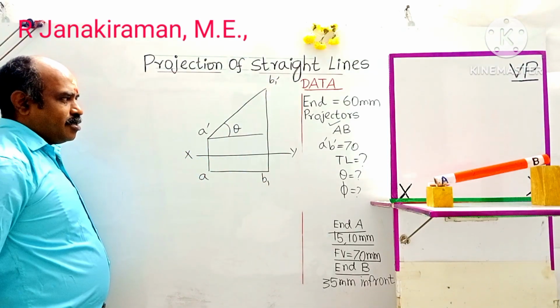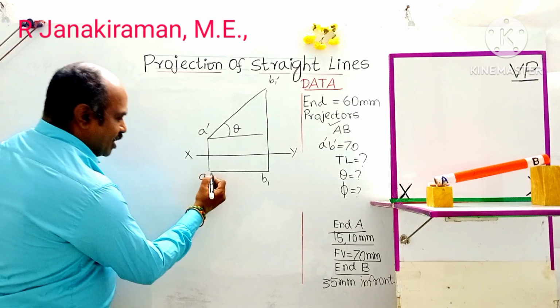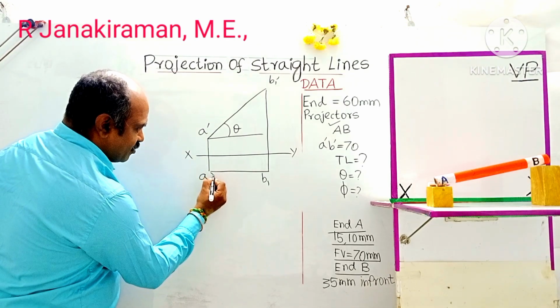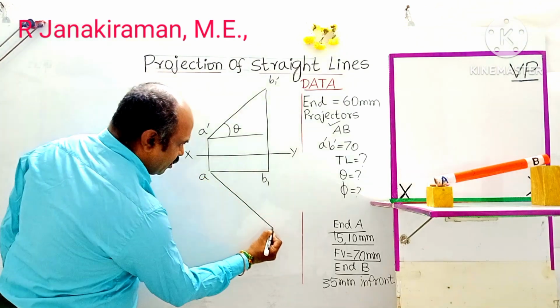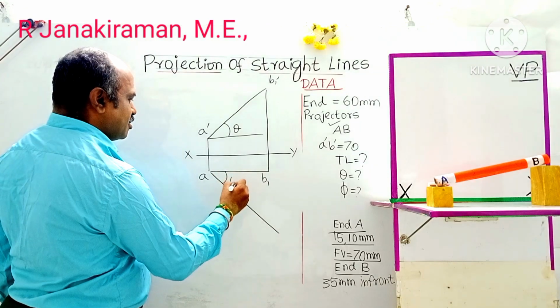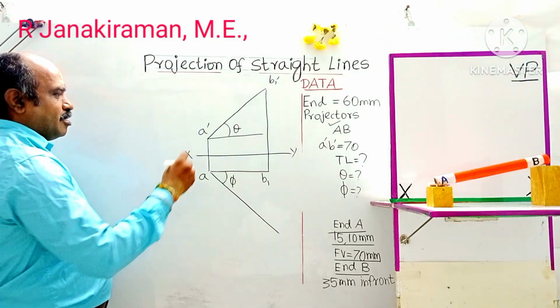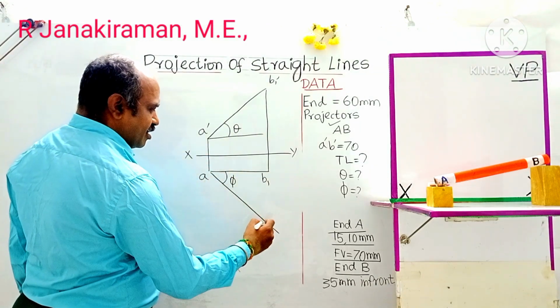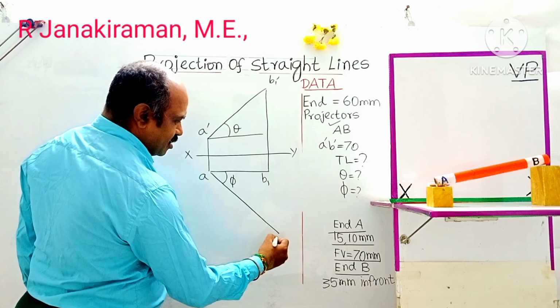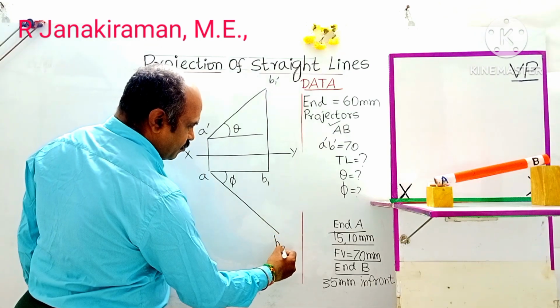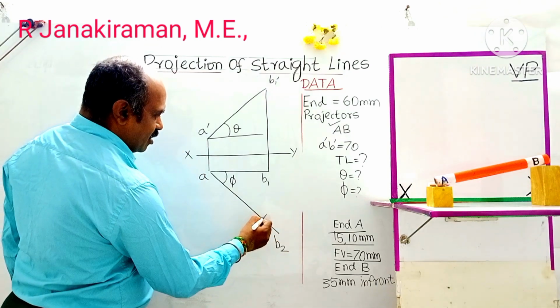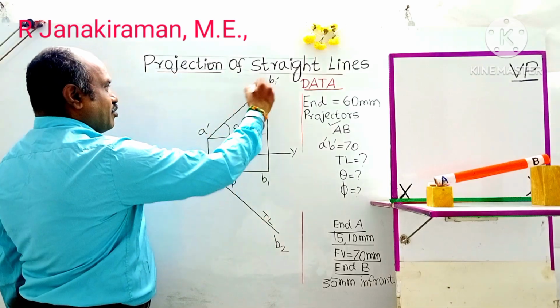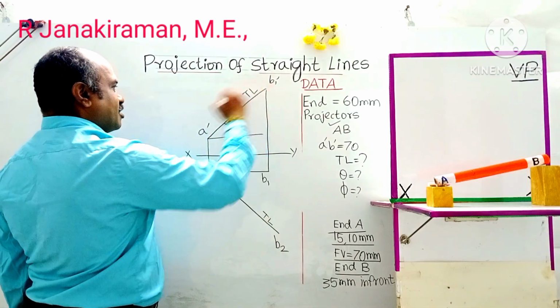Similarly, true inclination with the VP comes below the XY line and its notation is phi. This is the true length of the line. The end point shall be marked as B2. This is TL. Similarly, A dash B1 dash is also TL, true length.